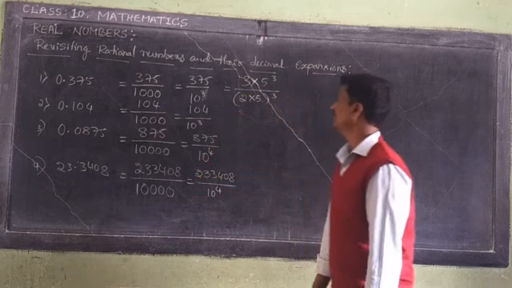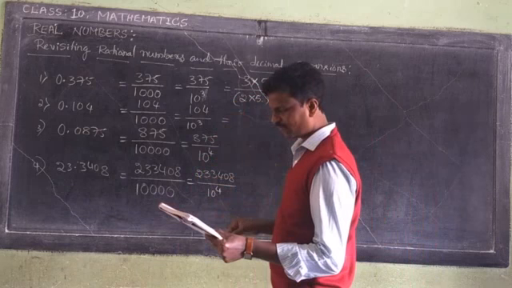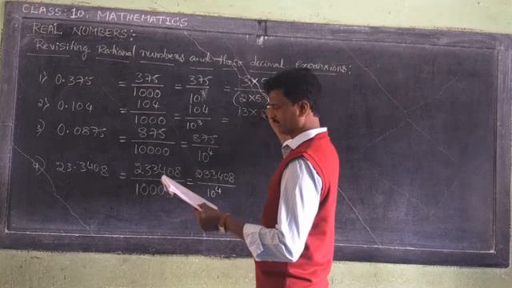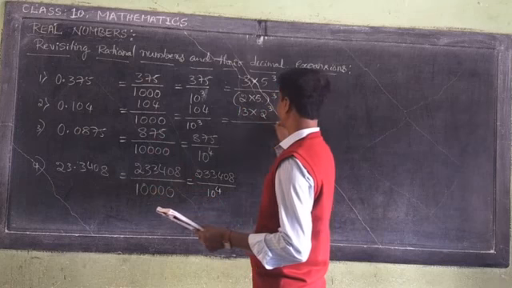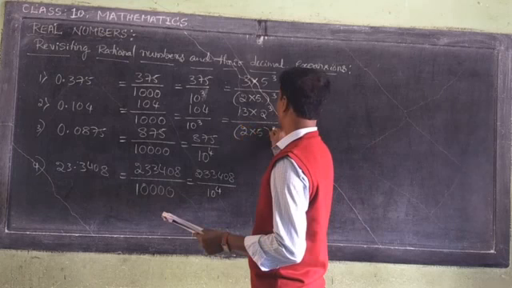Then 104 means 13 into 2 cube, divided by 2 into 5 whole cube.